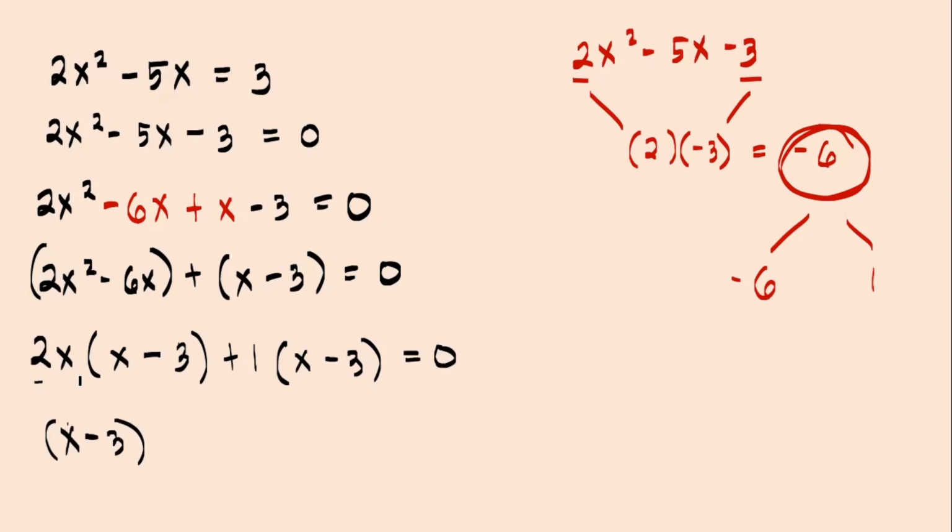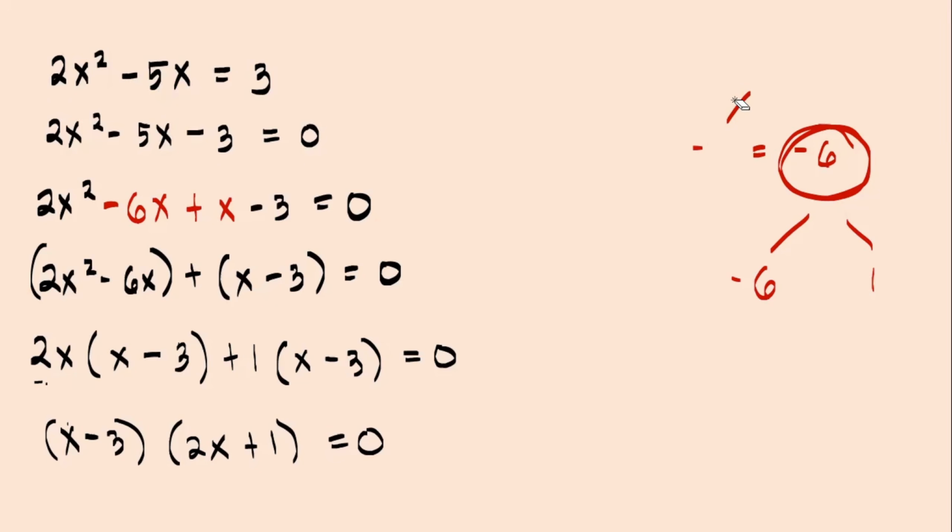Ano lang matitira? 2x plus 1 is equal to 0. So, ibig sabihin, yung factors ni 2x squared minus 5x minus 3 ay x minus 3 and 2x plus 1. Okay?